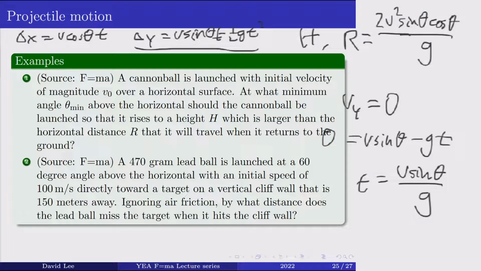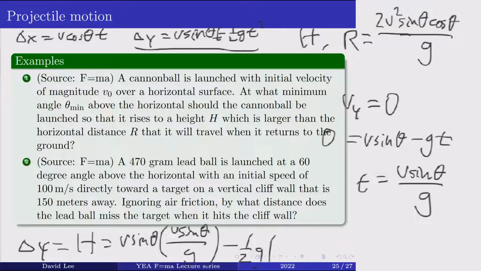Our delta y, which is our h, is equal to v sine theta t, and t is just v sine theta over g, minus 1/2 g t squared.